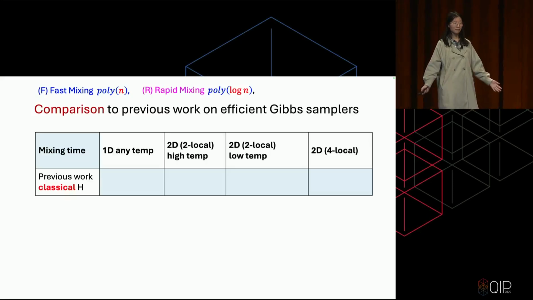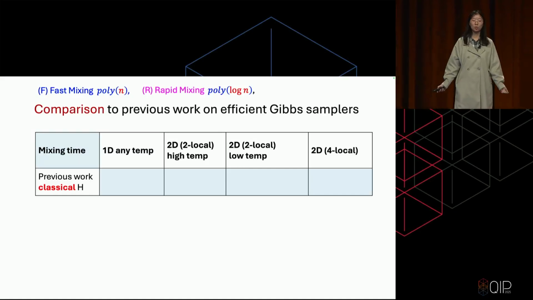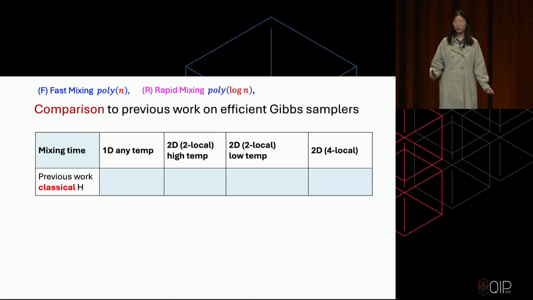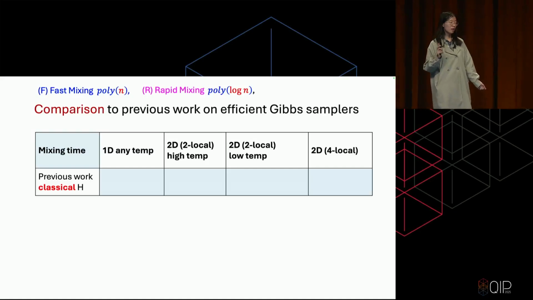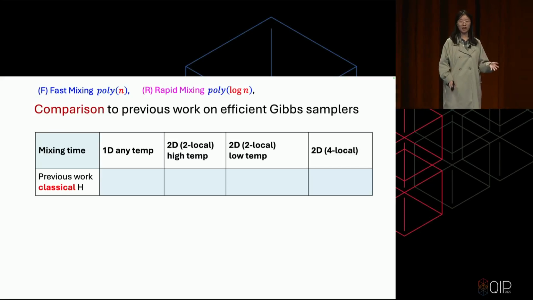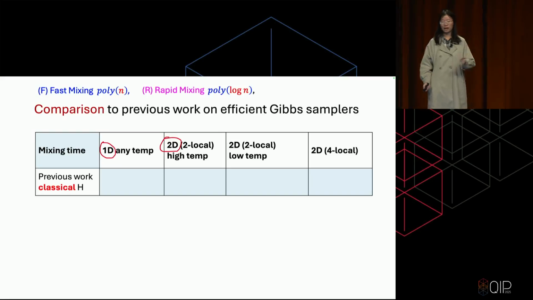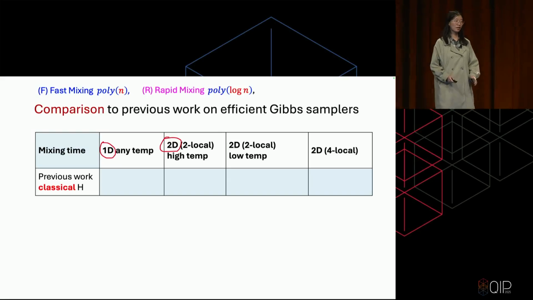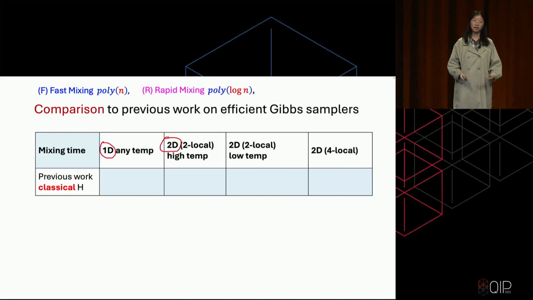So let's again begin with classical Hamiltonian. What are the results we already know for classical Hamiltonian? From a very high level, whether it's hard or easy to design a Gibbs sampler depends on many factors. First, for example, the geometry of the Hamiltonian is important. Whether it's 1D or 2D, it's a different story.